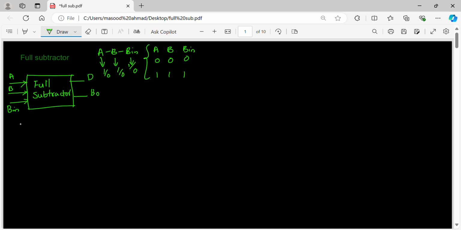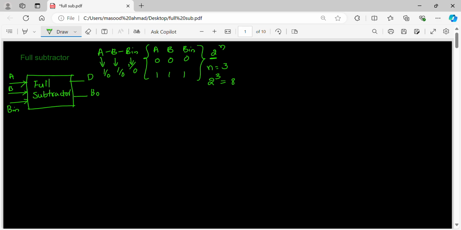The number of possible combinations is 2 power n, where n is the number of positions. What is the number of positions here? 1, 2, 3. In each position I can have two values. So as n equals 3, 2 power 3 is 8 combinations. This is what I am talking about with respect to input.